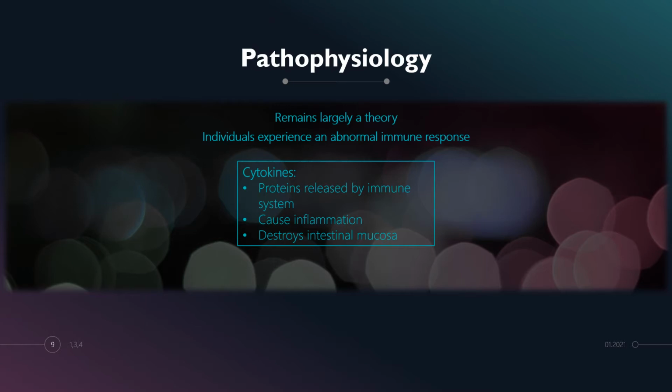Usually, when you have an overabundance of pro-inflammatory cytokines, that leads to significant pain and inflammation. In Crohn's disease, these cytokines are really the major player. They're the major group of regulatory molecules produced by the immune system.